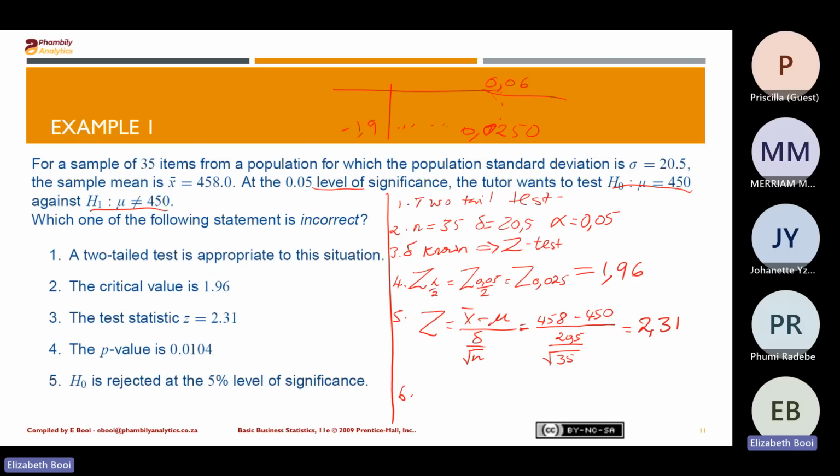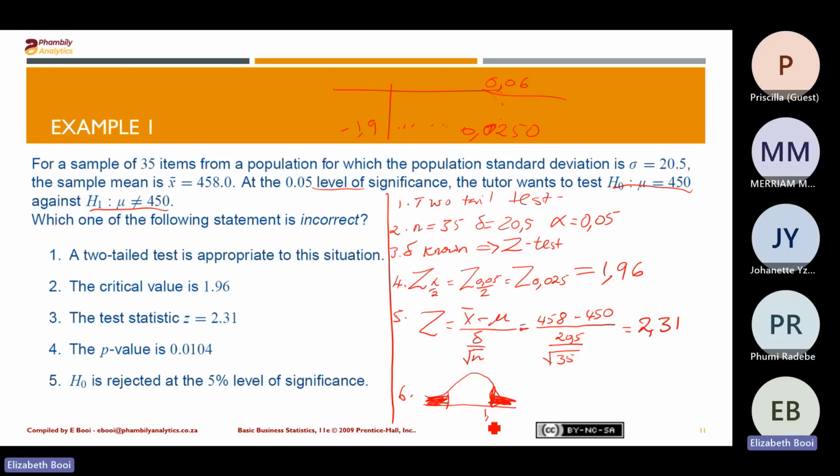Step 6, it says I must make a decision. So let's make a decision. I'm doing a two-tailed test, therefore it means I've got 2 regions of rejection. So I'm going to draw up my rejection areas.